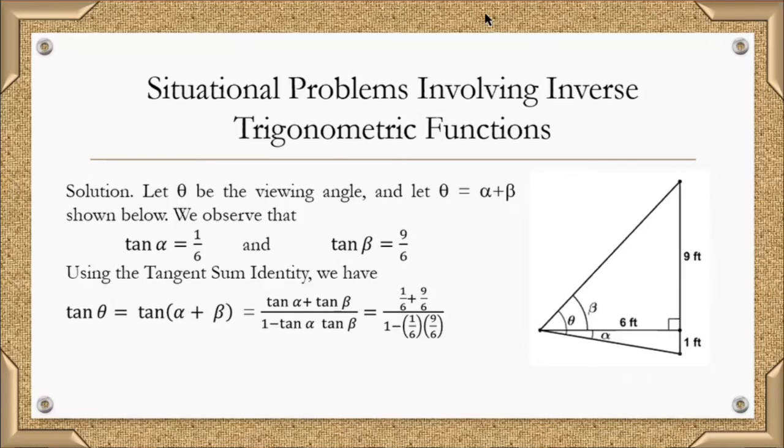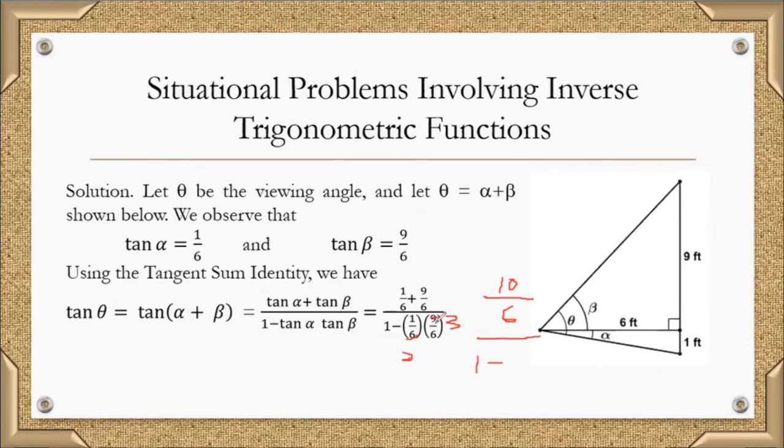So sa numerator muna, magiging 10 over 6. Ang denominator mo naman ay 1 minus, pwede nang i-lowest term ito, by 3. So ito ay magiging 3. Ito naman ay magiging 2.